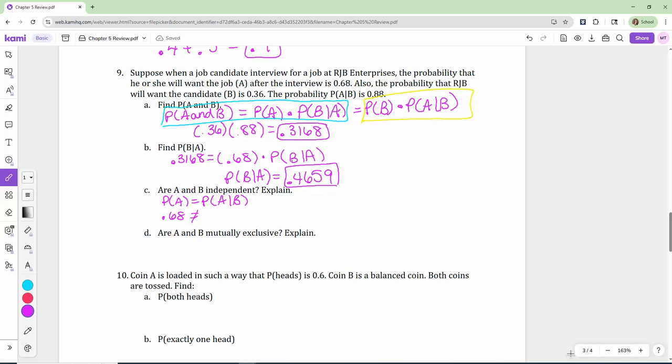That is not the same as A given B, 0.88. So no. Make sure on those questions you are justifying your answers somehow. You don't have to write me a sentence explaining it, but you should have a justification there. So independent means that they are the same: the normal probability and the conditional are the same.